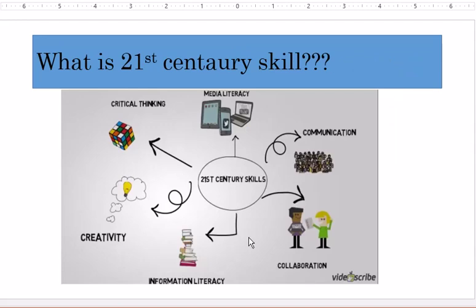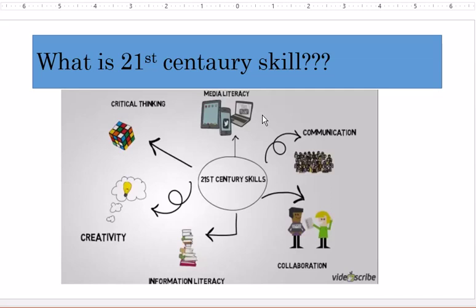So let's talk about the different components of 21st century skills. The basic 21st century skills begin with critical thinking. People must have critical thinking to live in the 21st century. People must also be very aware of media literacy, because today everything is expressed in the media, and people understand and then accept, reject, or debate certain issues.